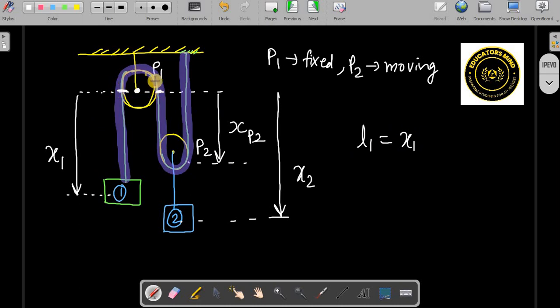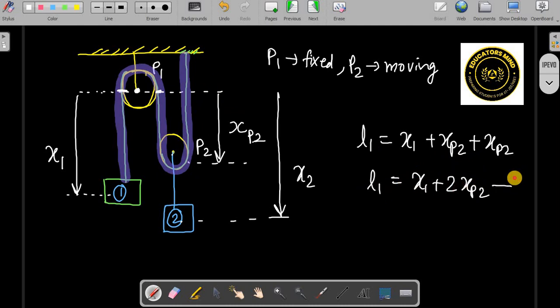The curved part is always fixed, that you leave. Then this part, which is the pulley position P2, plus then again this part is x of P2, right? And then this part is anyway constant. So you can write this as x1 plus 2xP2 equals L1. This is one equation. Similarly, you write position x2.